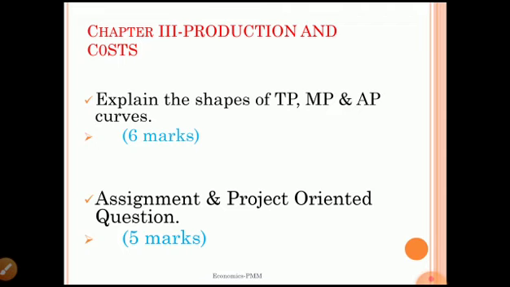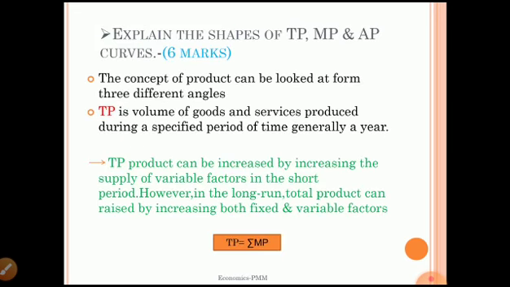Now, what are the shapes of total product, marginal product, and average product? As you know, the concept of product can be looked at from three different angles: TP, AP, and MP. Now, TP is the volume of goods and services produced during a specified period of time, generally a year.